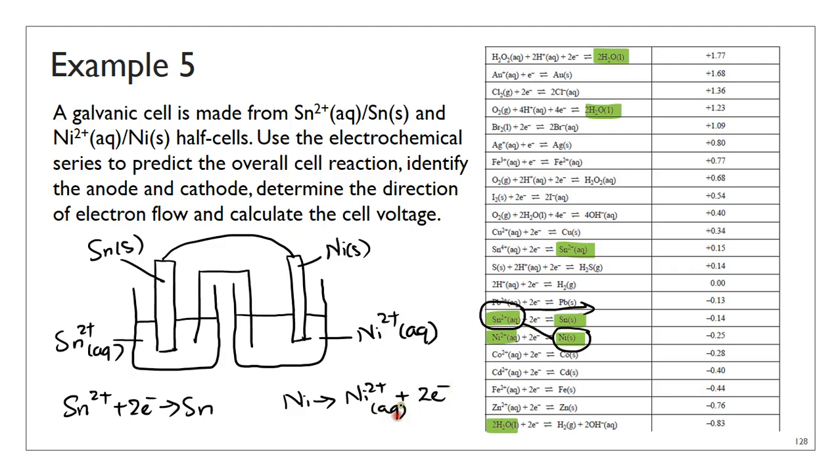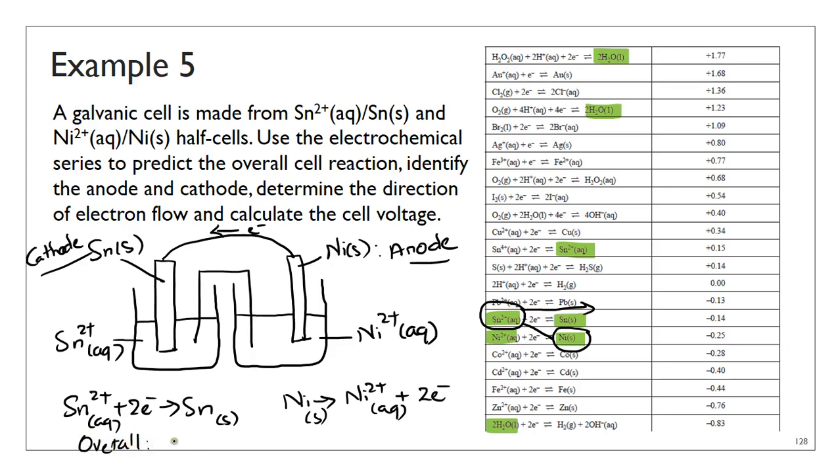If Sn is going to undergo reduction, then Sn must be the cathode, which is the side of reduction, which means nickel is the anode. So the flow of electrons is going to be this way. Electrons always flow to the cathode. For the overall equation, you just need to add these two half equations together.